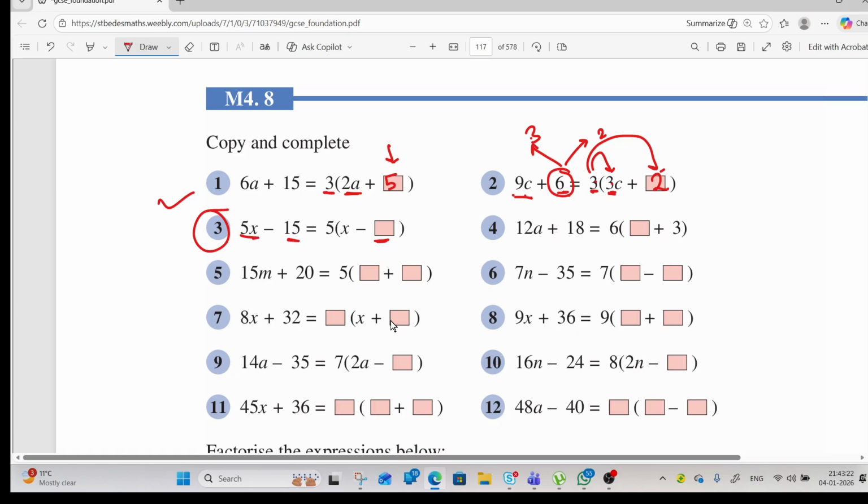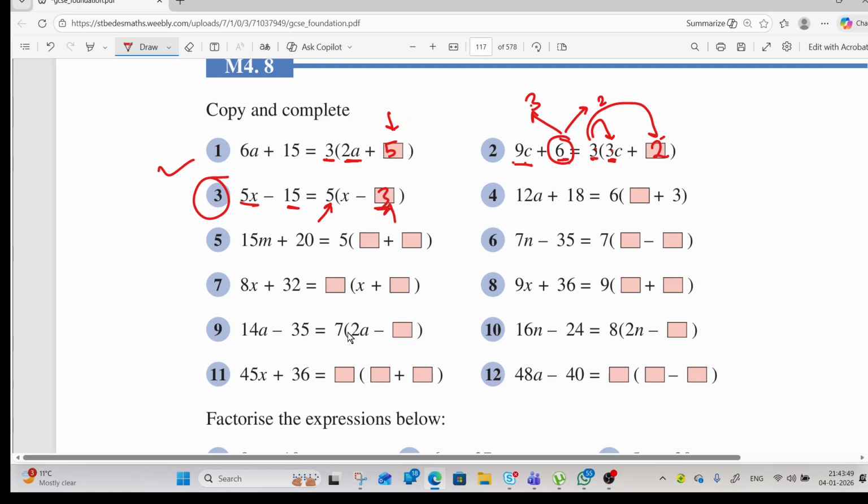What is the common factor of 5 and 15? They have already taken 5 out. So what would be left inside if you take 5 out? Out of 15, you are taking 5 out. 3. Yes, so 3 is left, right? 5 times 3 is 15. Okay, good.